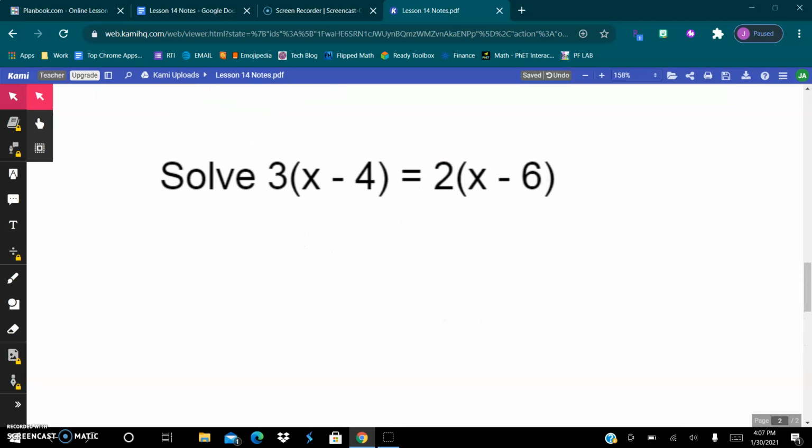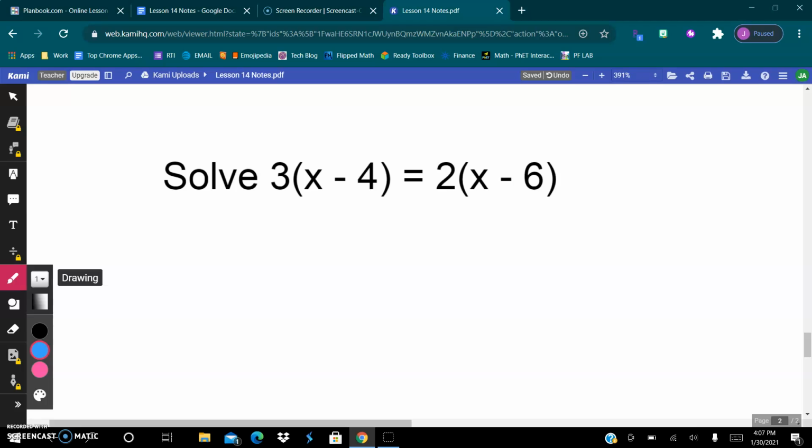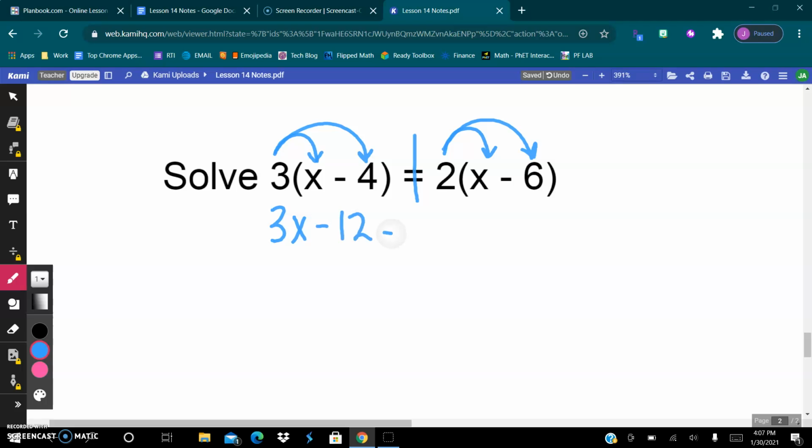And then here we have this equation we want to solve. So we have to distribute the 3 into the parenthesis, and we have to distribute the 2 on this side. And remember, this is our barrier, so we can't cross over that right now. So 3 times x is 3x, and 3 times negative 4 is negative 12.